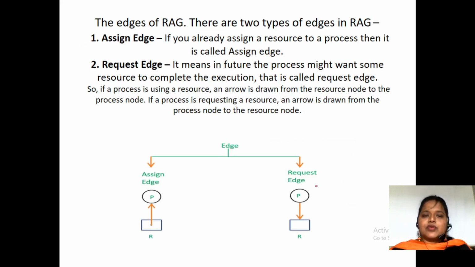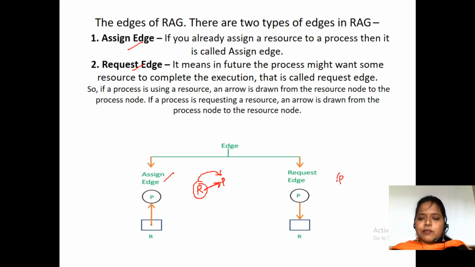So when it comes to edges, there are the assignment edge and the requesting edge. An assignment edge goes from the resource to the process. This is an assignment edge. Why? Because this resource has been assigned to this process.